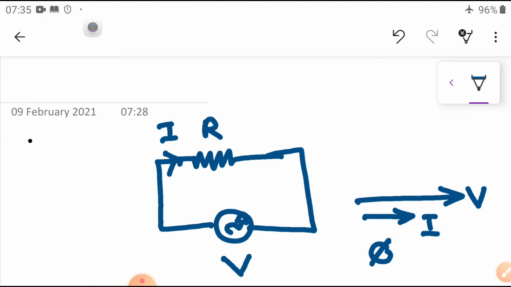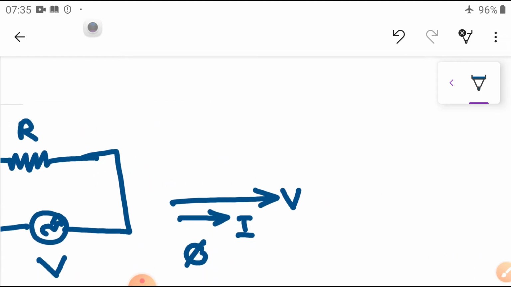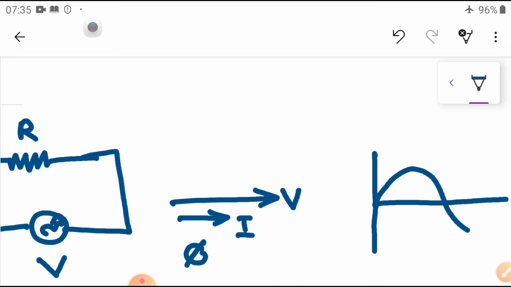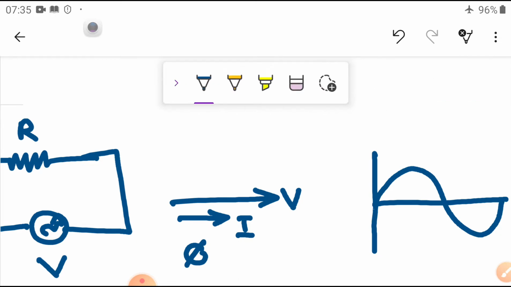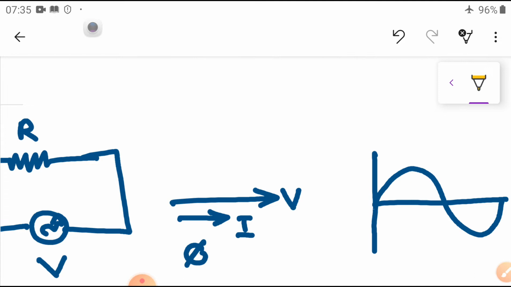Okay. If you draw the vector phasor diagram, this is the voltage, and this is the current. The phase angle between the two waves is phi equal to 0.